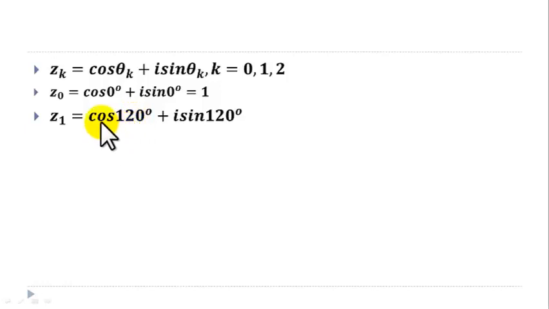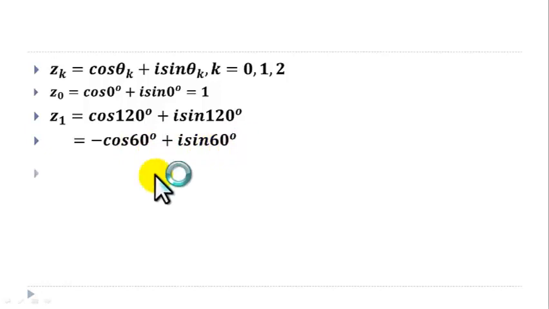Cos is negative in the second quadrant, while sin is positive. To find the trig ratios for the angle in the second quadrant, we recall we have to subtract the given angle from 180 degrees. So this will give us minus cos 60 degrees plus i sin 60 degrees. Cos 60 degrees is 1 over 2, while sin 60 degrees is root 3 over 2. So z1 is equal to minus half plus root 3 over 2 i.